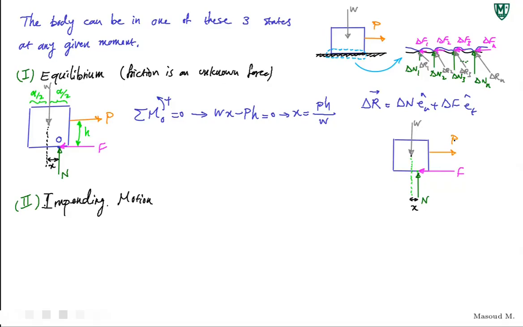We call it Fs, related to static friction. This specific value, the friction immediately before your rigid body starts moving, is proportional to the normal force applied to your rigid body.